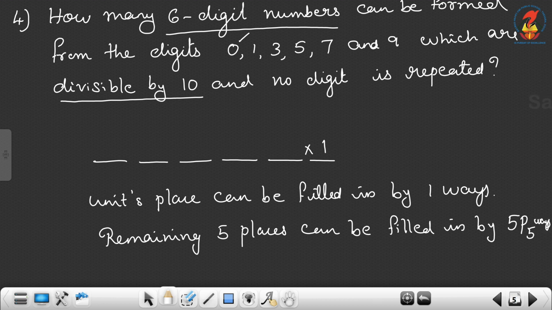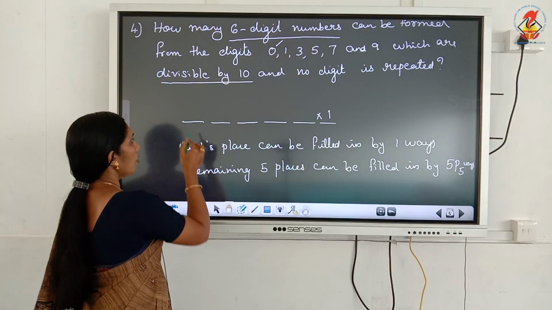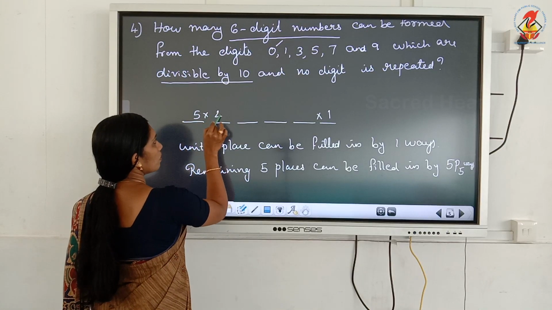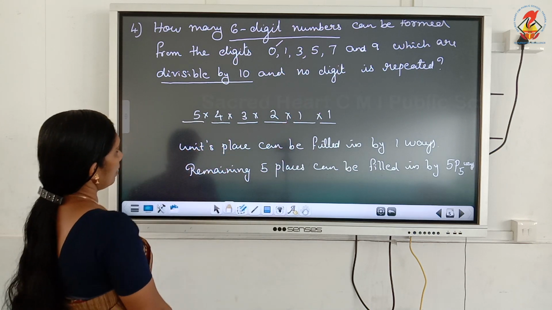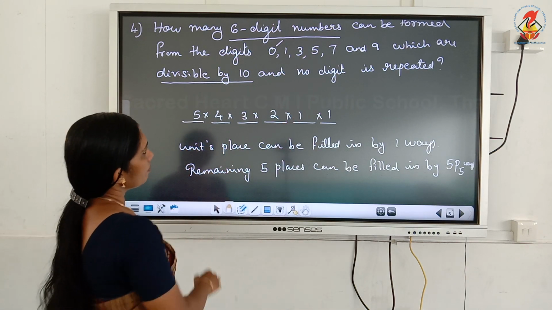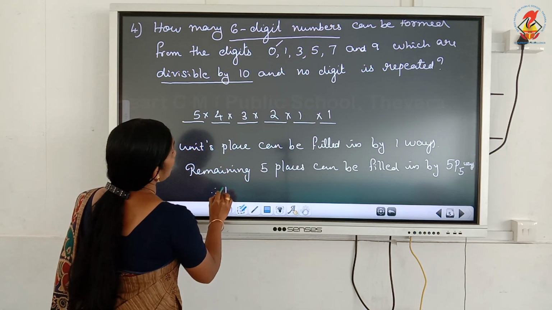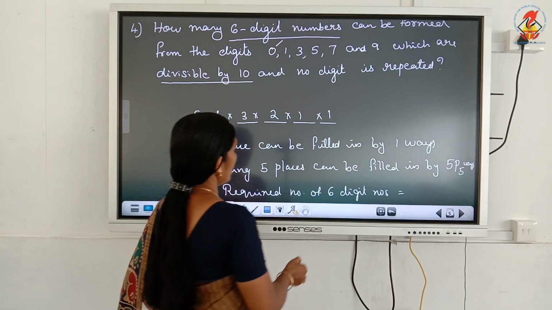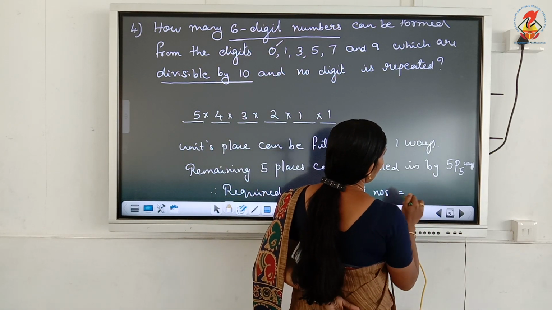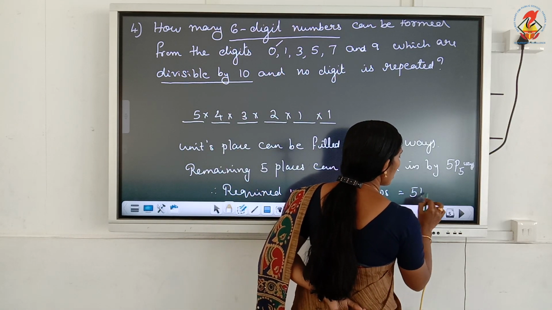That is 5 factorial ways, or you can take 5 into 4 into 3 into 2 into 1. Okay. Therefore, required number of 6-digit numbers is equal to 120. Okay. 5p5 into 1, that is 5 factorial itself, that is equal to 120.